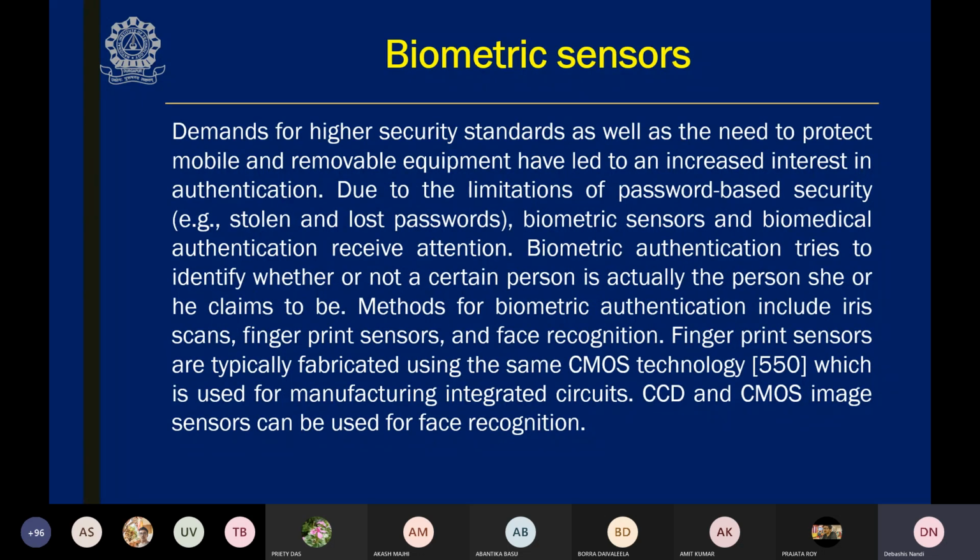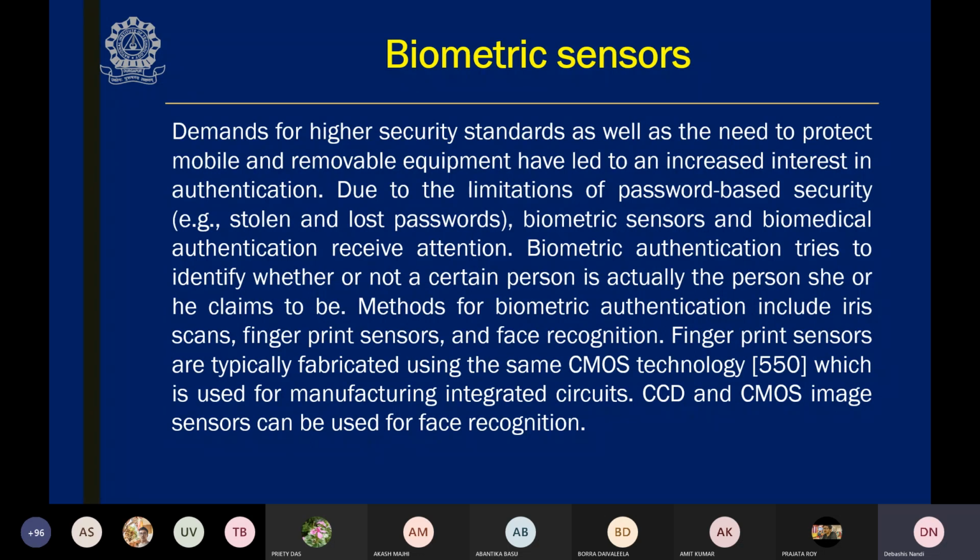Sometimes it is required to know, we need some biometric. Sometimes I need some security. I think most of the latest computers are using biometric for security, for opening your computer, for closing your computer, like this.